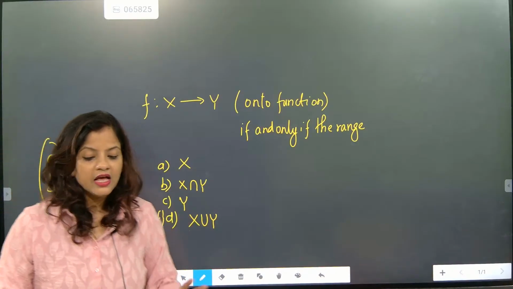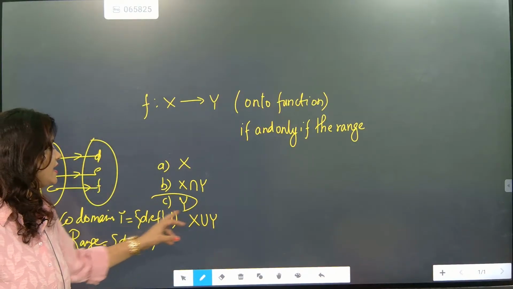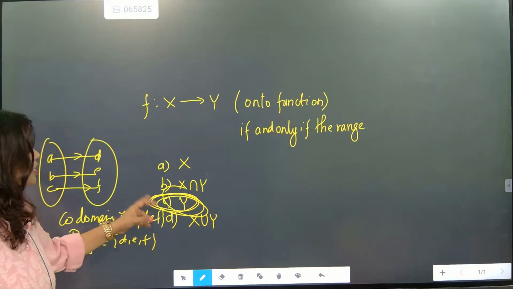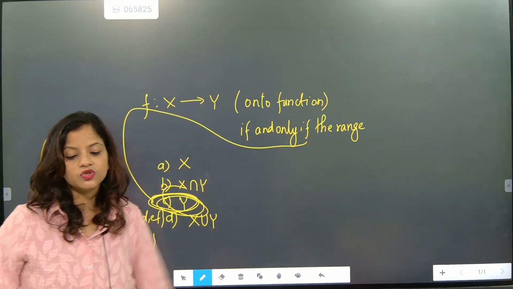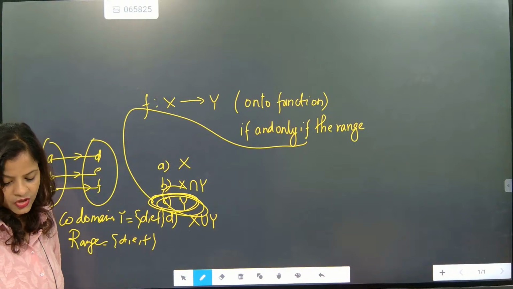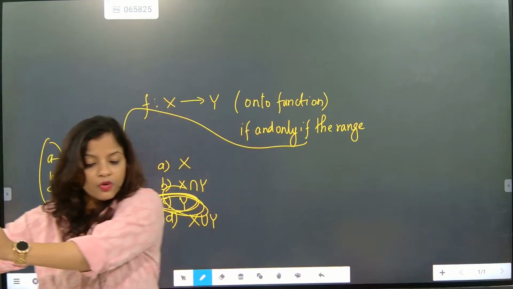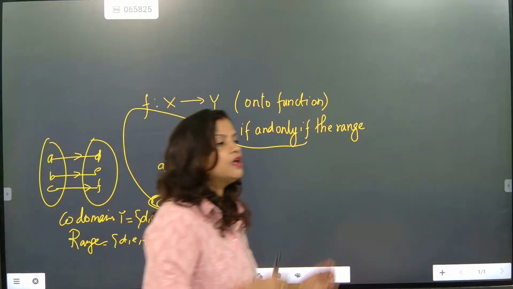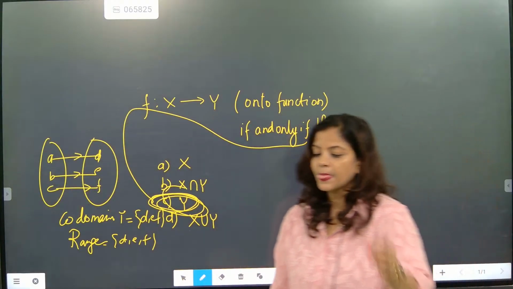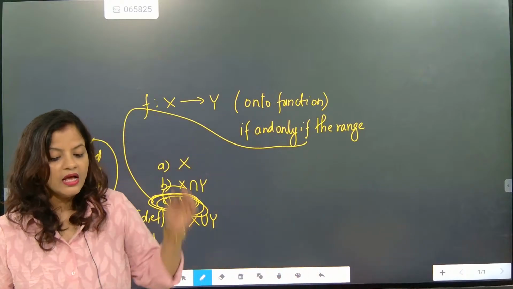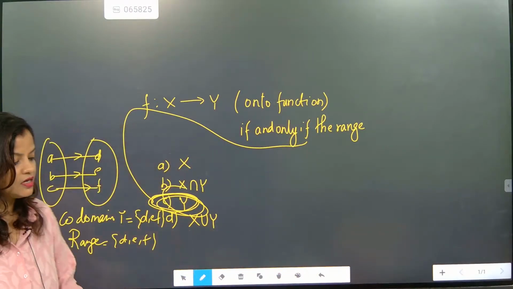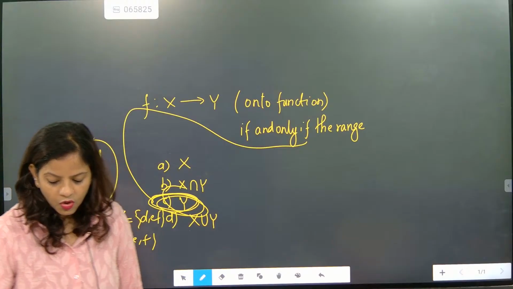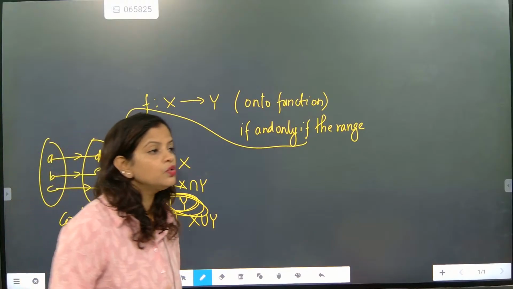You people are very weak in MCQs, get ready for it. Note down: when range is equal to codomain, it is called an onto function.